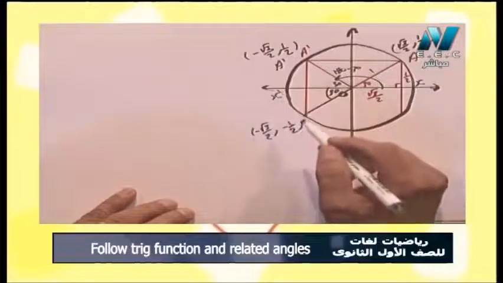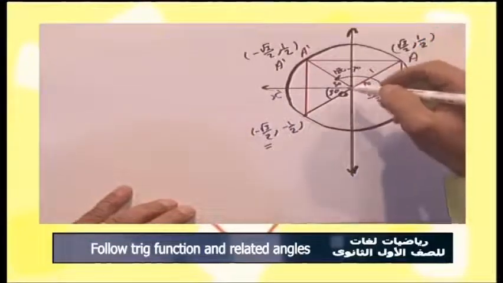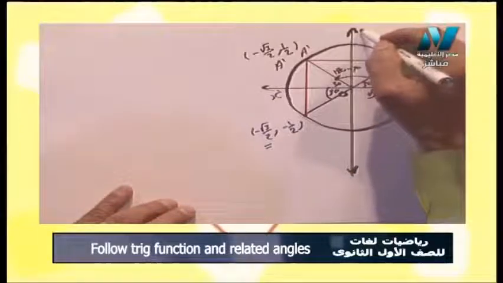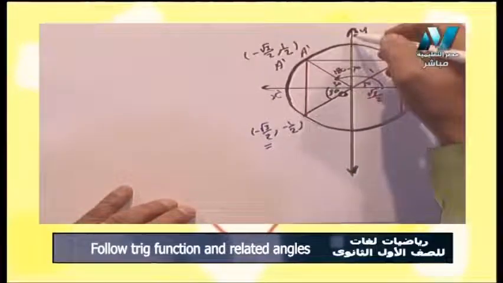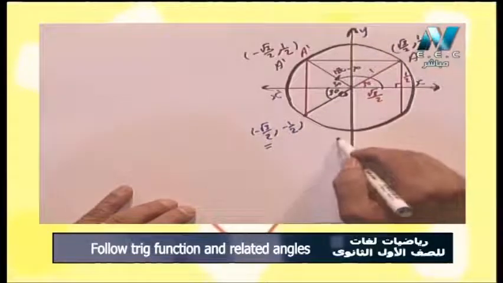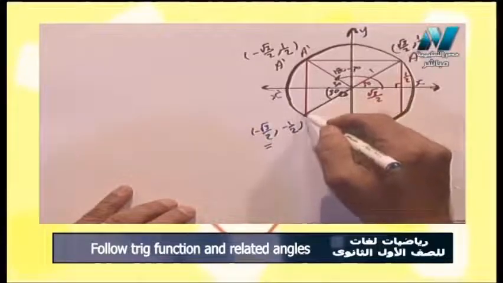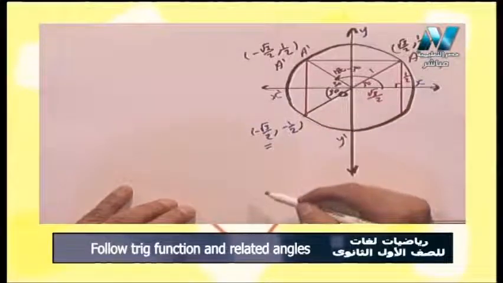So x here must be negative, and we have here OY, the y axis, which part is positive, and this one will be OY dash, which is negative. So this part here will be negative half.